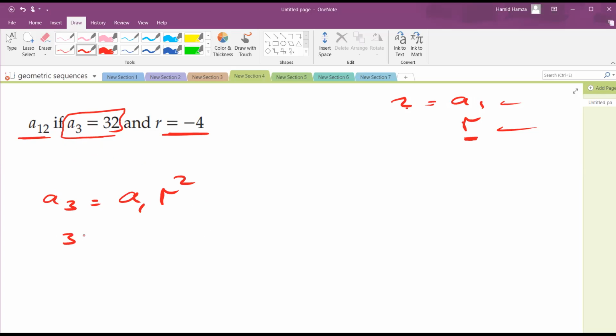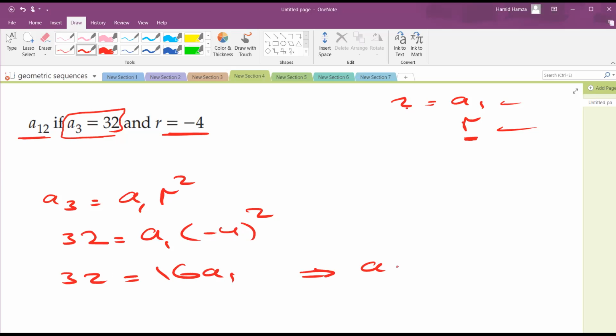So 32 equals a1, which is required, multiplied by r squared, r is negative 4, power 2. So it will be 16 a1 equals 32. Divide by 16. That means a1 equals 32 divided by 16, which is 2.